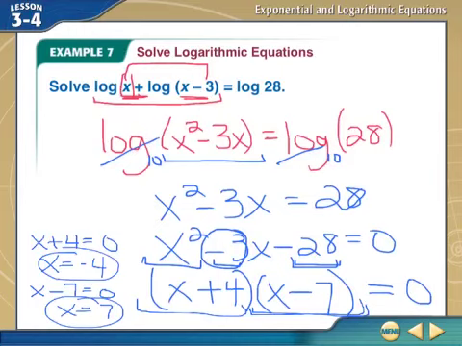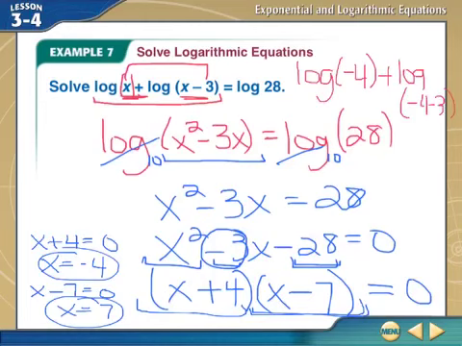And we have to go back and check our solutions to see if they work in the original equation. If I go back and substitute negative 4 for x, that logarithm of negative 4, when I put that into my calculator, is going to give me an error because logarithms can only be evaluated for numbers greater than 0, because the domain of a logarithmic function is 0 to infinity.